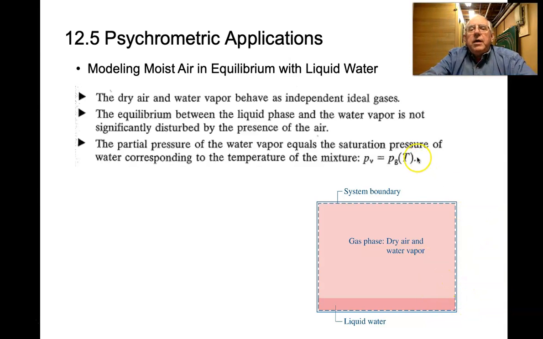Based on the temperature, the amount of vapor in this mixture would be at a partial pressure of the vapor that corresponds to the saturation pressure associated with water at the temperature of the mixture.